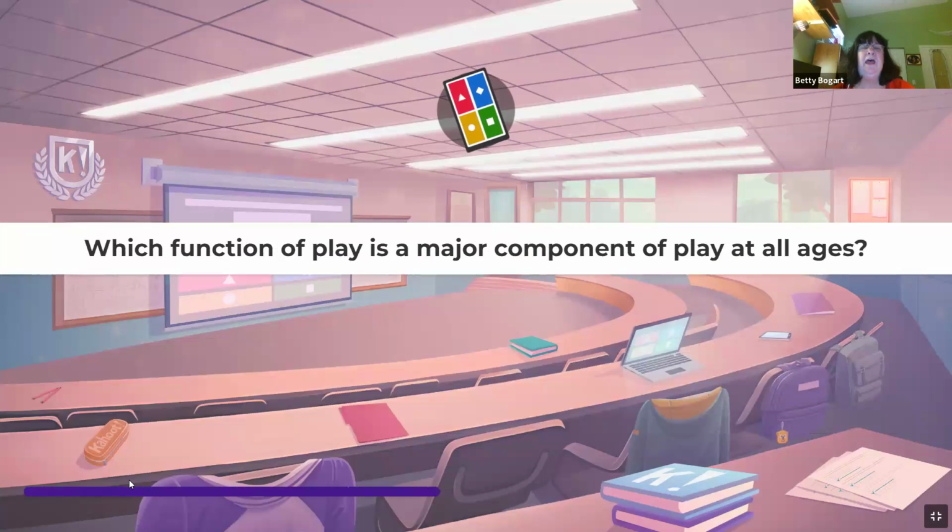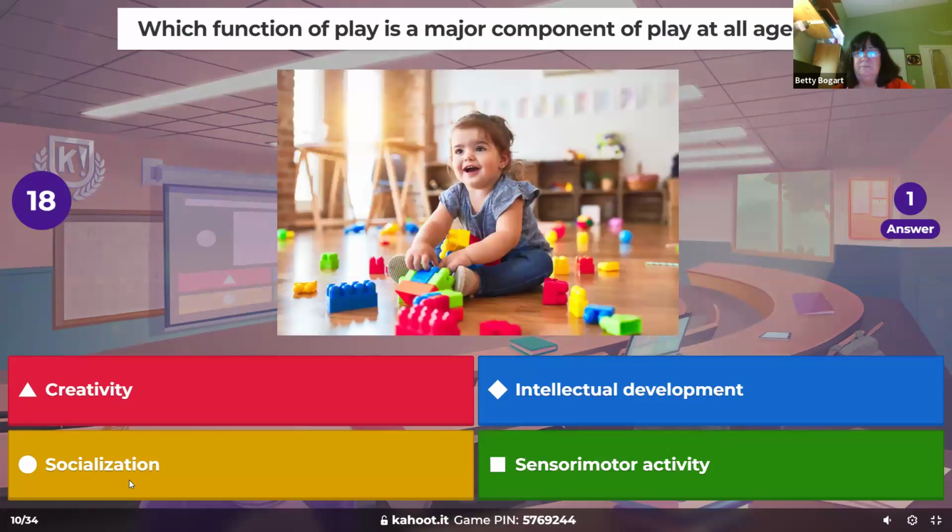What function of play is a major component of play at all ages? What does play do? What is the purpose of it? They do it from the time they wake up till they go to sleep, from all ages.